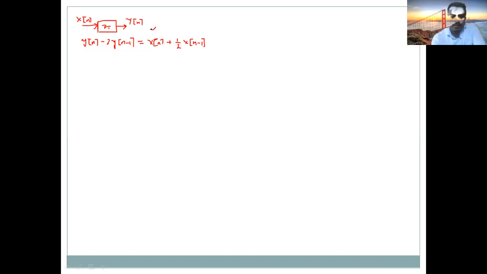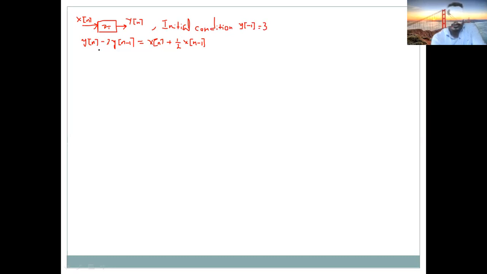So here, the initial condition: y at -1 is given, which is 3.